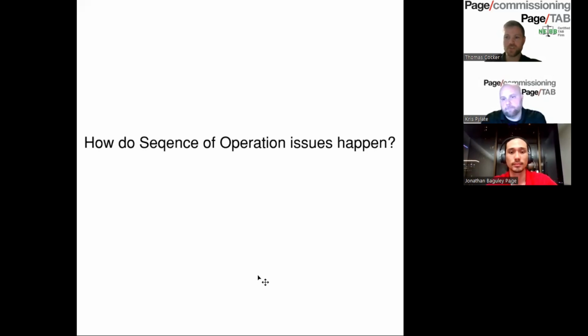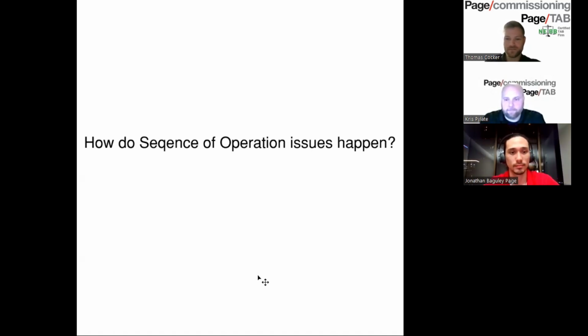Because there's no way for any job that you'd ever start from scratch on a sequence of operation unless it's just a complete custom unit. So what I would do is, you have a sequence that handles everything, but your unit may be cooling only, and so then you got to take out all mentions of heat inside that unit. And sometimes you can miss sections. So I've taken it out of the sequence, I've taken it out of the points list, and maybe I missed the flow diagram. I left the sensor in there.